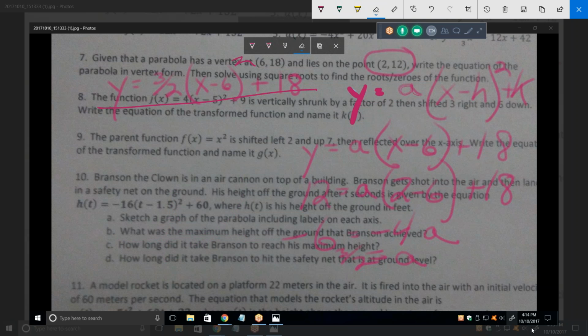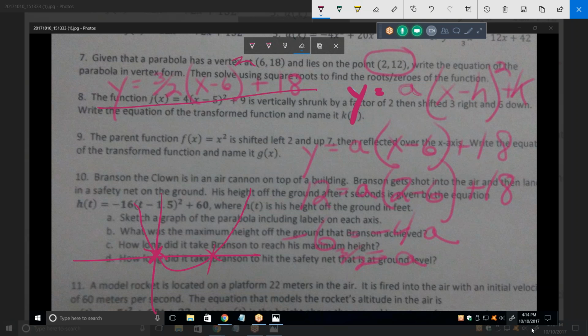What does y have to be equal to when we're solving for the zeros? It has to be equal to 0. When I drew that picture, I drew a parabola. Well, the zeros of the parabola are that point there and that point there.